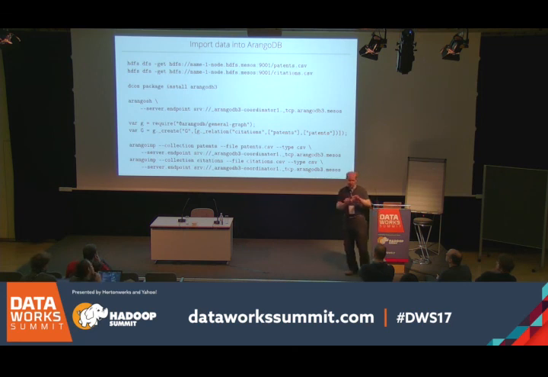So the information, the edges, are which patent cites another patent. Then what you essentially have to do is you drag your files out of Hadoop. And obviously, one could simplify this by making the importer aware of Hadoop as well. Then you essentially do click, click, or a single command line to install an ArangoDB cluster, which you can then scale up and down as you need for capacity.